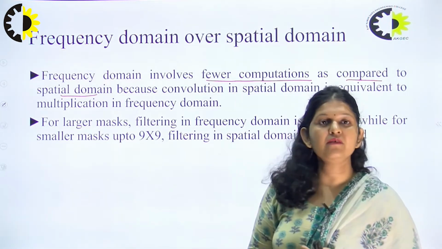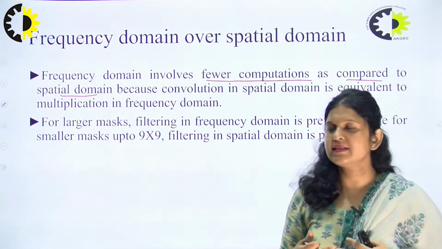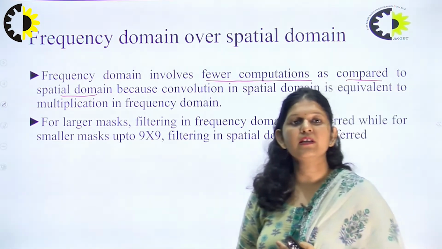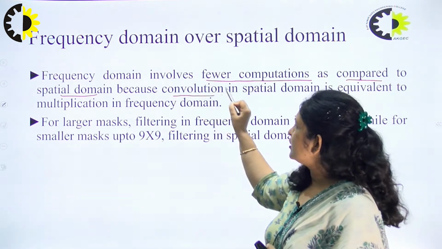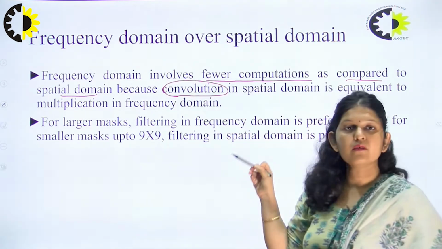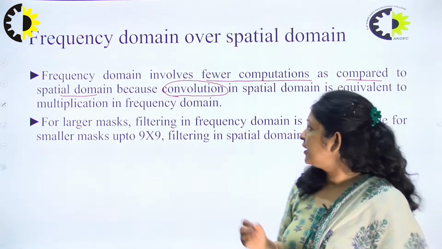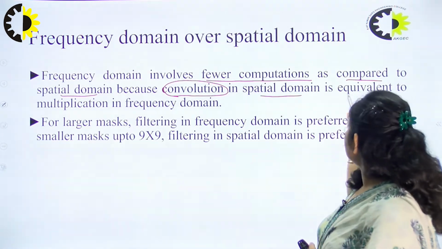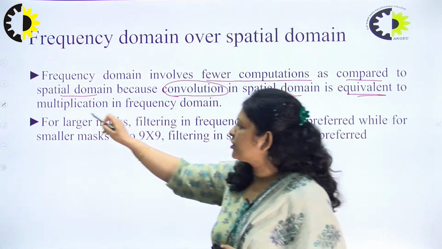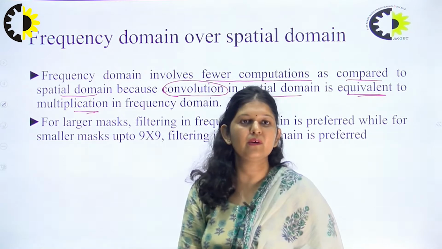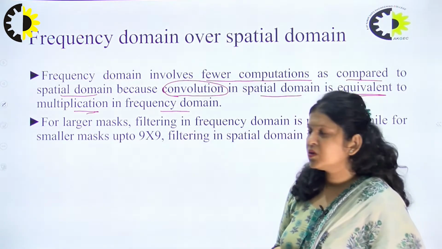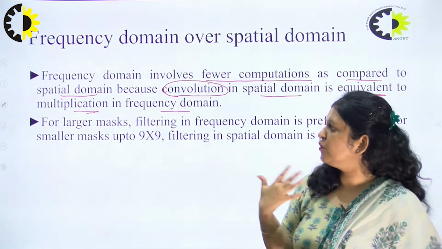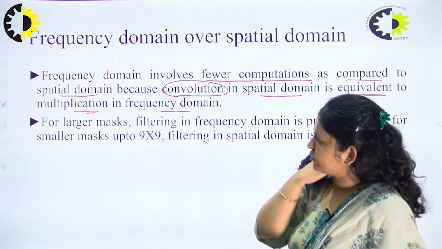The computational work decreases in the frequency domain, because the convolution operation, which we have seen in the spatial domain, merely gets converted into a multiplication operation in the frequency domain. So we can go for frequency domain calculations.